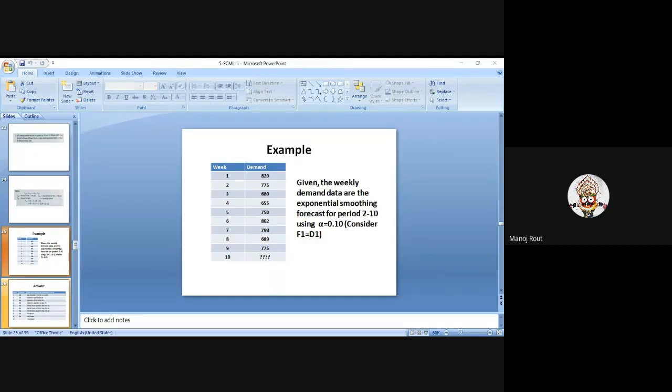So today I will rectify regarding the previous class formula and today's class formula. So I am again repeating those qualitative methods along with the quantitative methods.